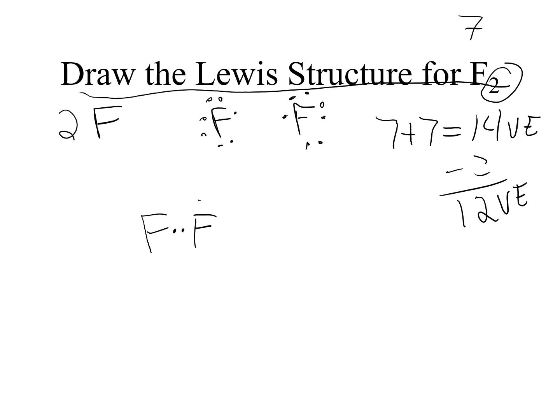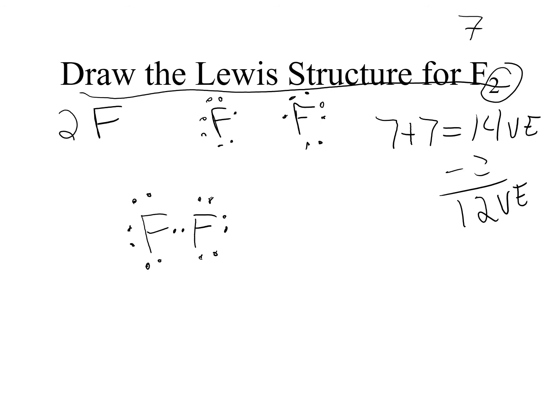So let's start adding. Each atom wants to have 8. So I added 6 to this fluorine, and it had 2 in the center, so this fluorine is happy with 8. I've used 6, I have 6 left. So I'm going to put 6 on this other fluorine. Now both of our fluorines have 8 valence electrons, so it looks pretty stable.